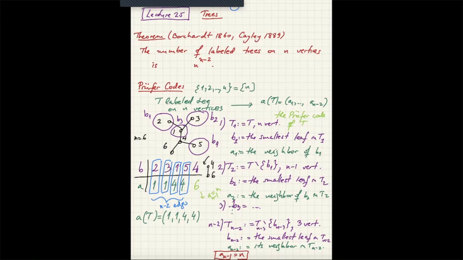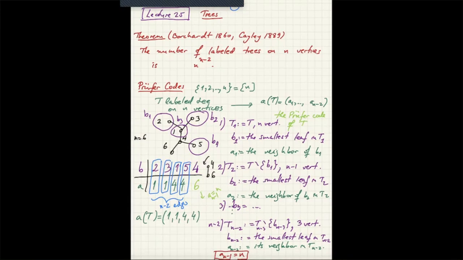What I'm saying here again is that if you take these elements from there with the 6 from here, they give you the vertex set of the tree T. Similarly, in T2, vertex 2 is deleted here, so the vertex set of T2 will consist of these vertices together with the 6 from the end, and so on.